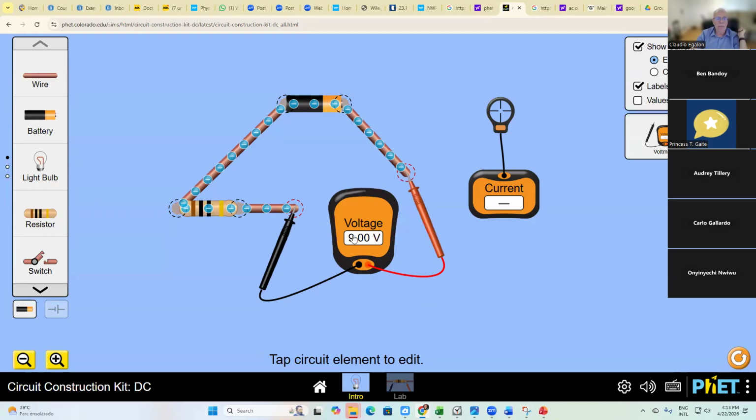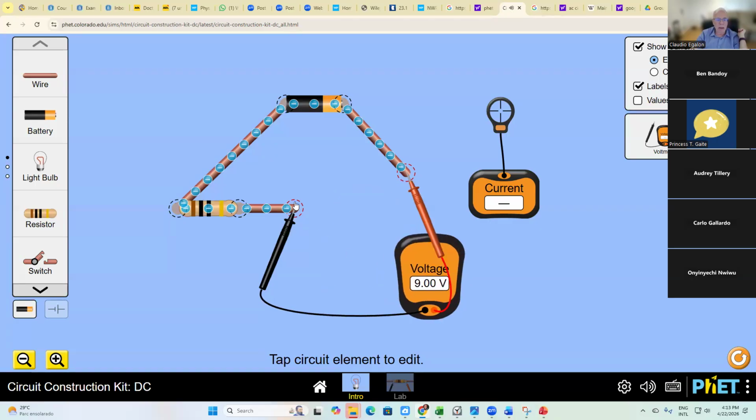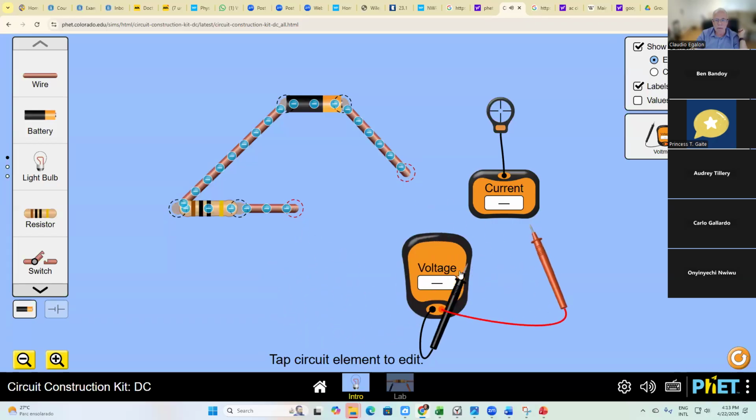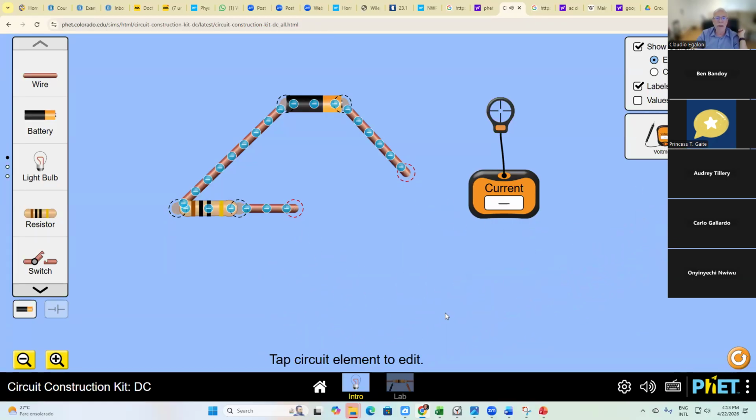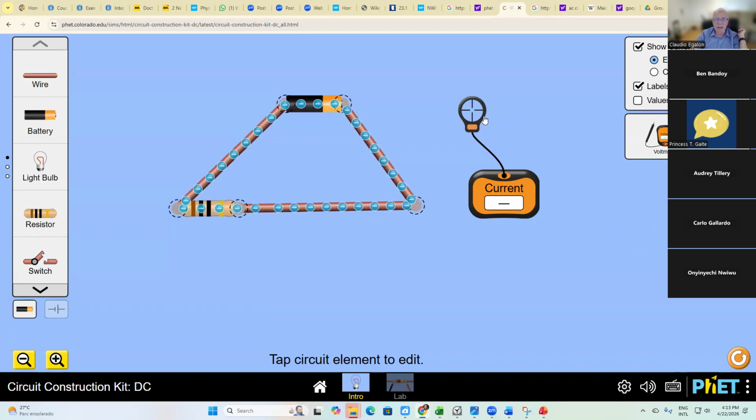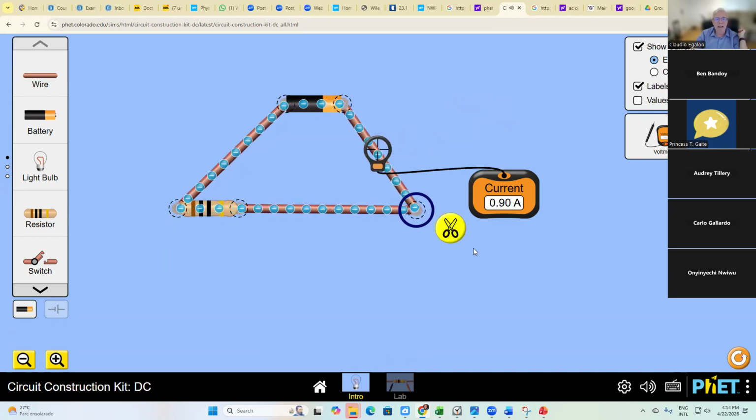Okay, let me take this one out. Let me show you how we do it in the simulation. Take it out, put it back, right? The way we do it in this simulation is like that, which is not realistic, by the way. We have this guy here, we put it right in here, and it measures the current flowing.